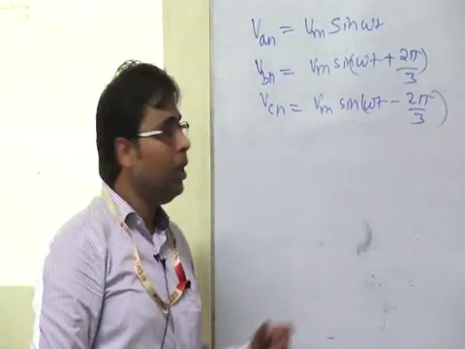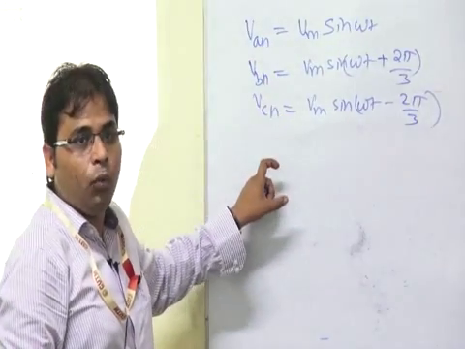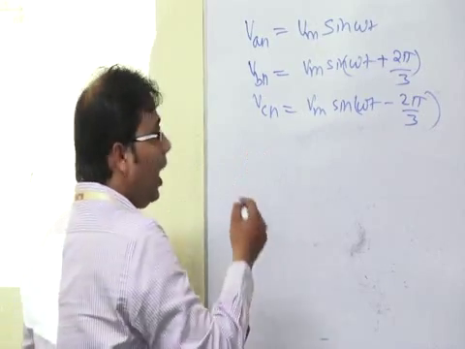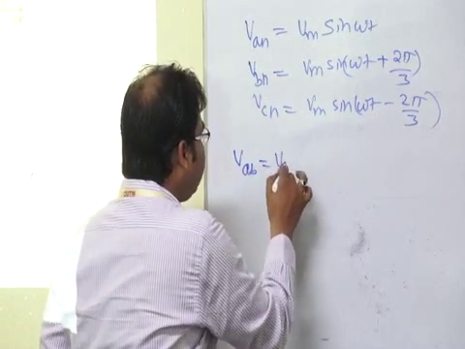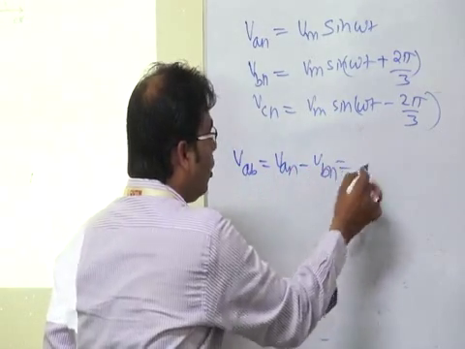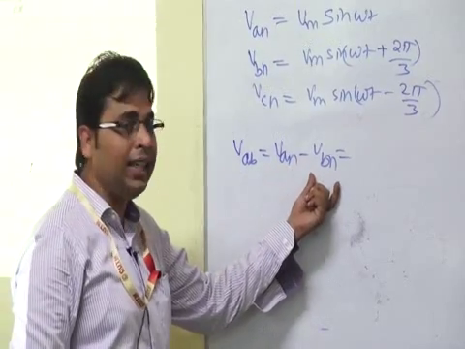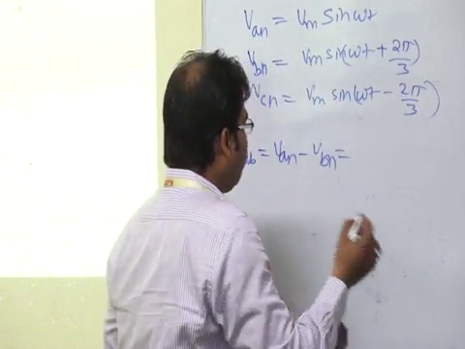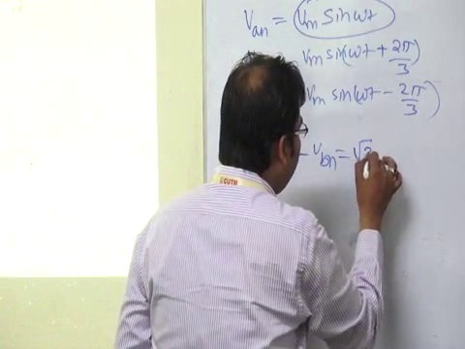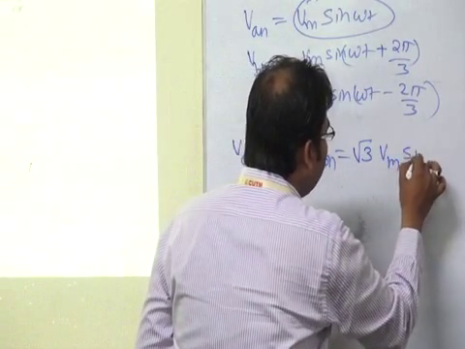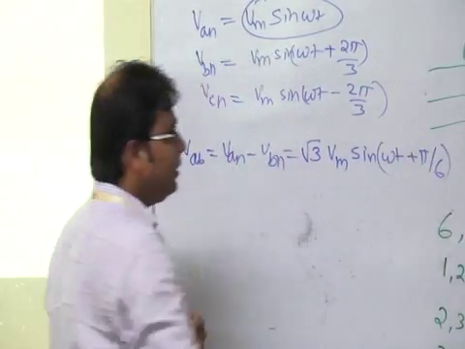There must be 120 degree phase difference. Similarly, if I will write VAB, it is VAN minus VBN. So if this is the function of VA, I can write here root 3 VM sin omega t plus pi by 6.